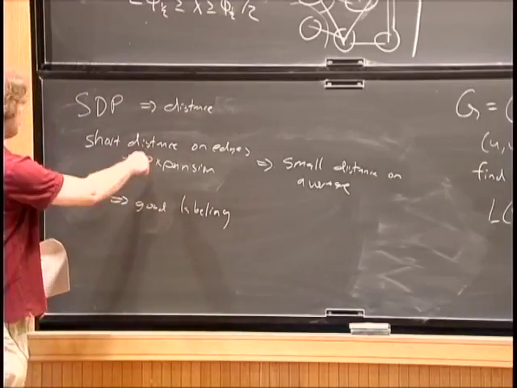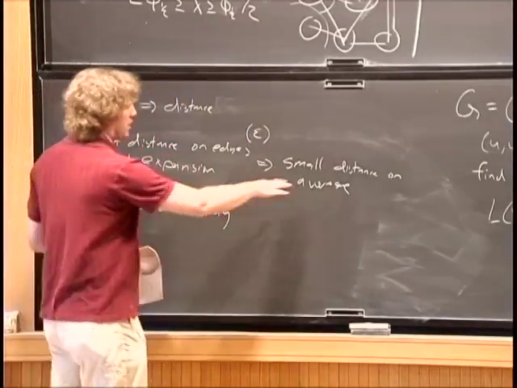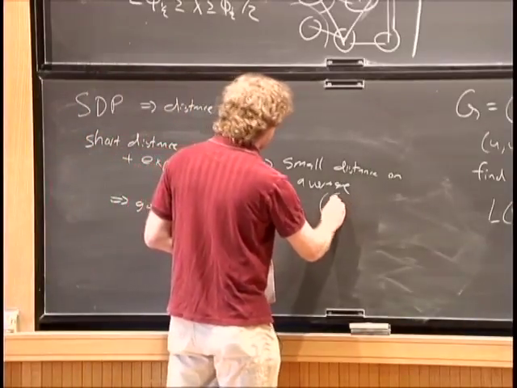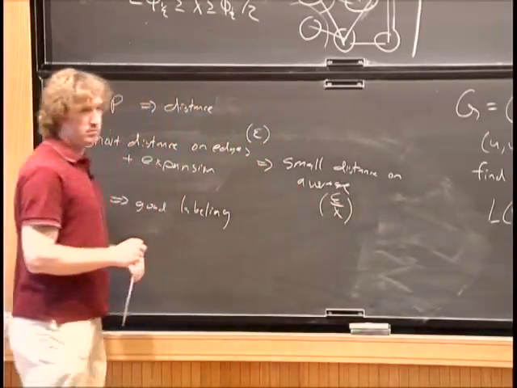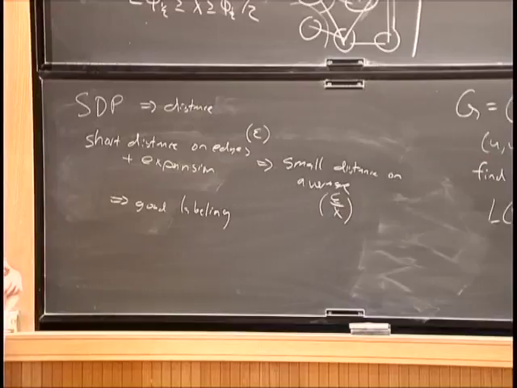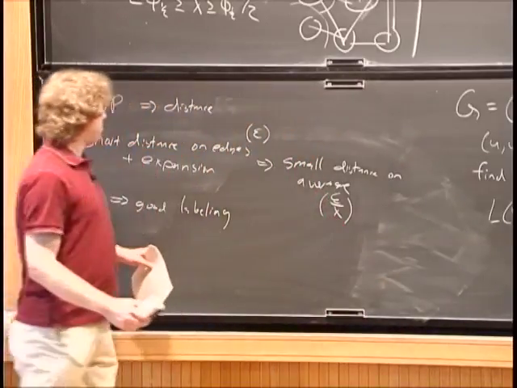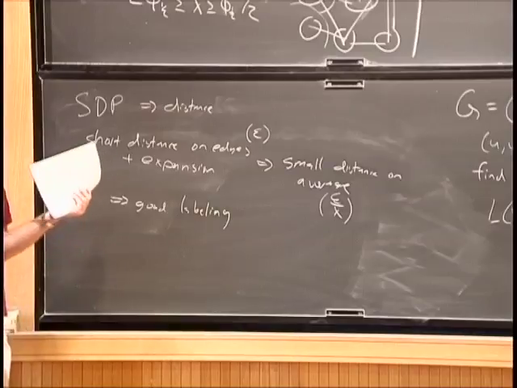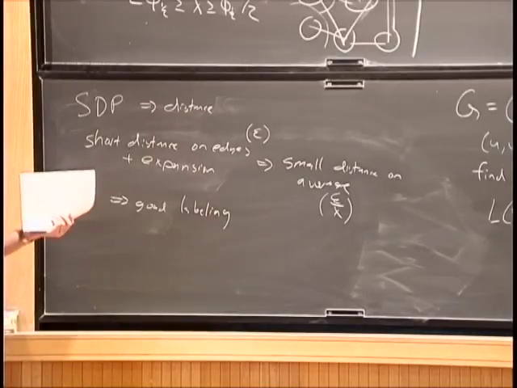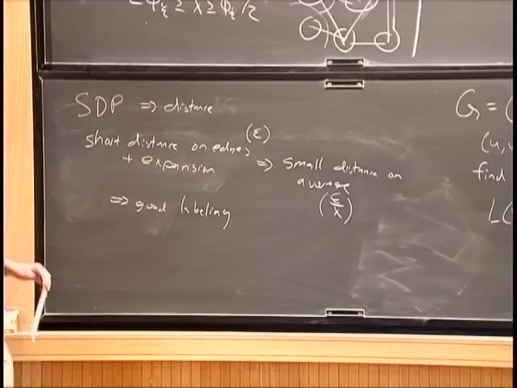So here, edges will have length something like epsilon, and then average pairs of vertices will have length something like epsilon over lambda. And then you get the labeling of value epsilon over lambda. What does it mean, small distance on average? Most pairs, take a random pair of vertices, and look at the small expected distance. And it'll be something like this.